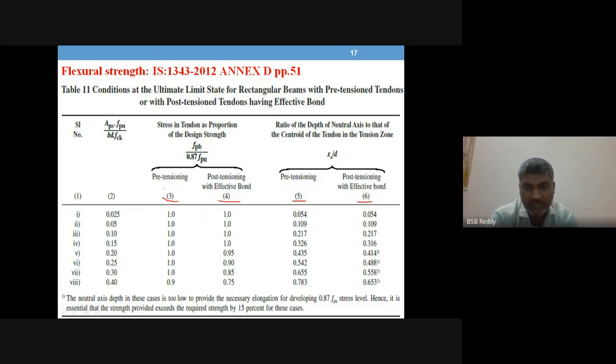Either 3 and 5, or 4 and 6, must be read according to the type of beam given in the problem. This is what is called the effective reinforcement ratio in the second column. For that ratio you have to read all these values.